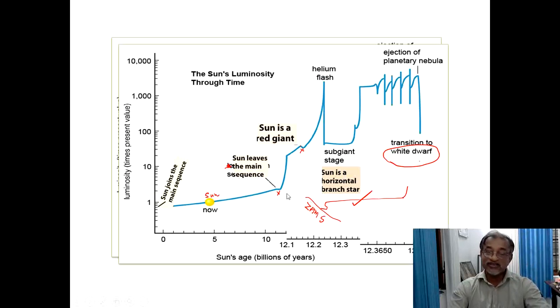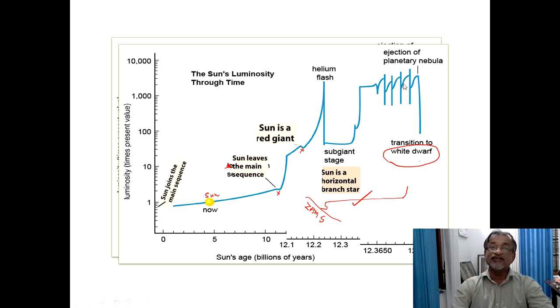Horizontal branch means, as we have studied in the Hayashi track, there is a horizontal region, and the sun lies in this horizontal region. Then if the age of the sun increases again, suddenly its luminosity increases, then it becomes constant and luminosity will vary.